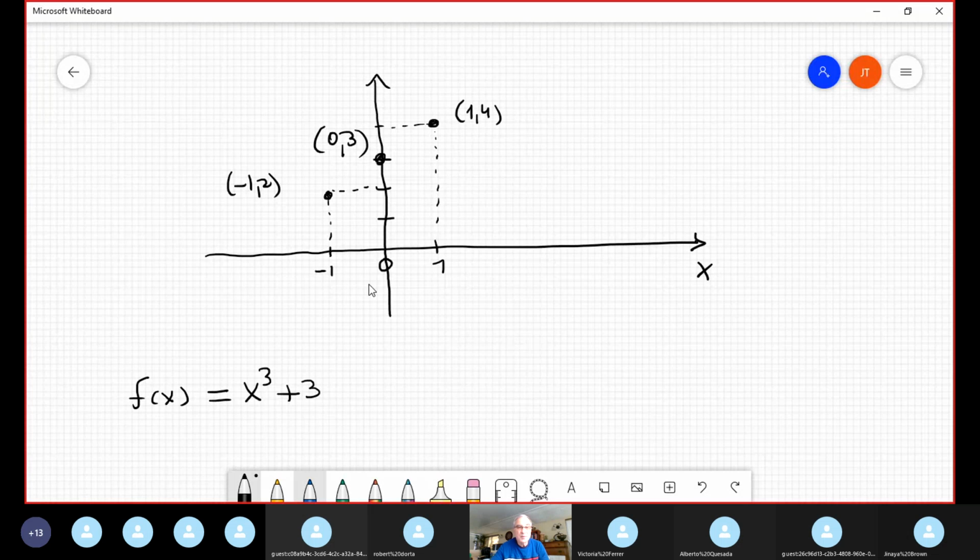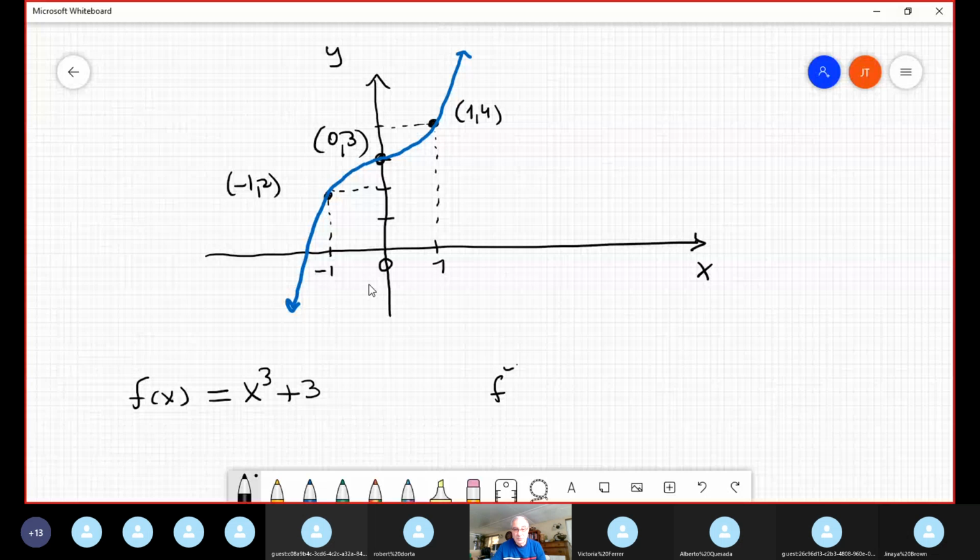Therefore, my graph looks like that. The shape is approximately the cubic function, no surprise, with a vertical shift of 3 units up.